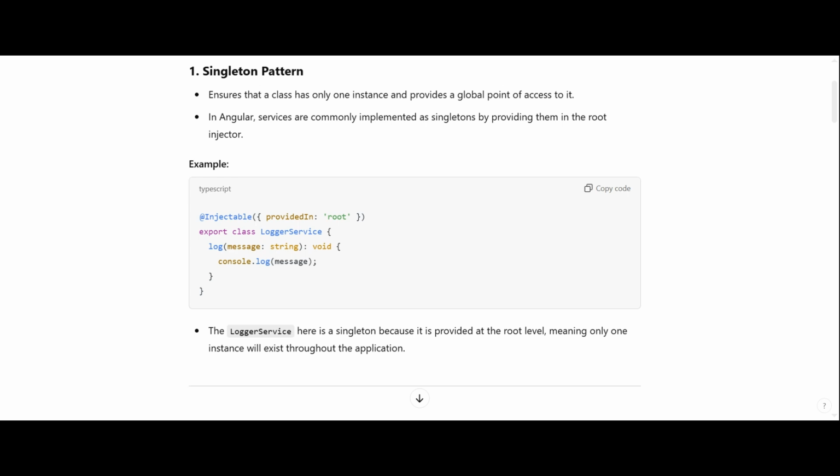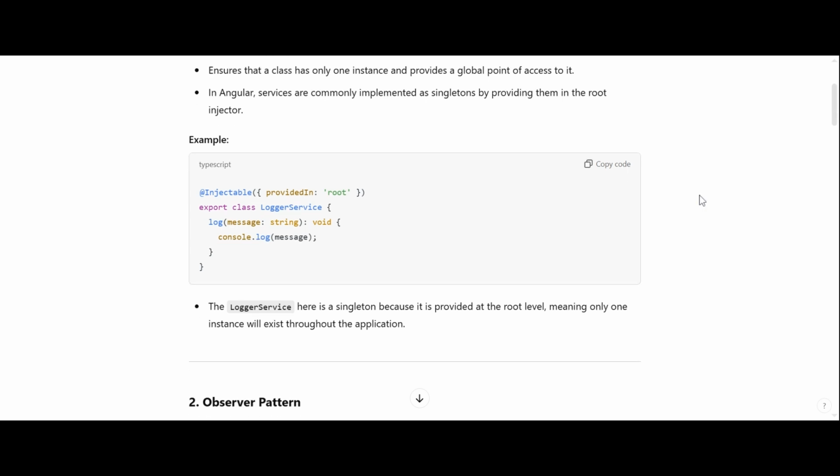So if you remember, we had created some services in a previous video, and we had created it with the help of the @Injectable decorator and assigned providedIn root, which comes as a default when creating a service. So in this service, the logger service is available globally and only one instance is created. This pattern is very useful when you need a global shared state or configuration.